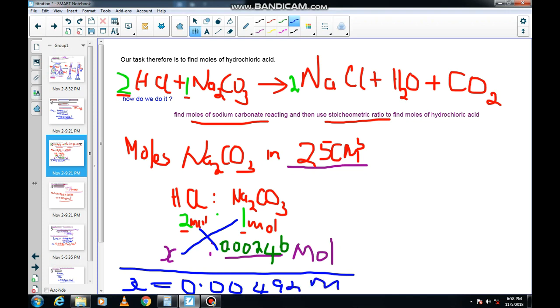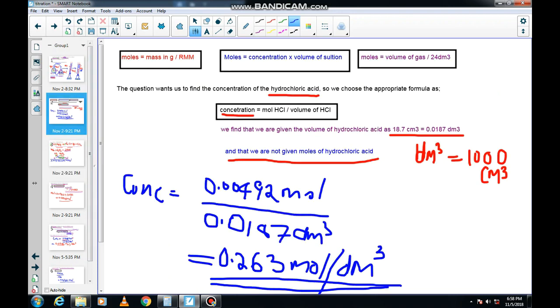We now have the number of moles of hydrochloric acid, and we can find our concentration. The concentration is equal to moles divided by the volume. The volume is 0.0187. This is the volume from the burette. And the number of moles we have calculated as 0.00492.